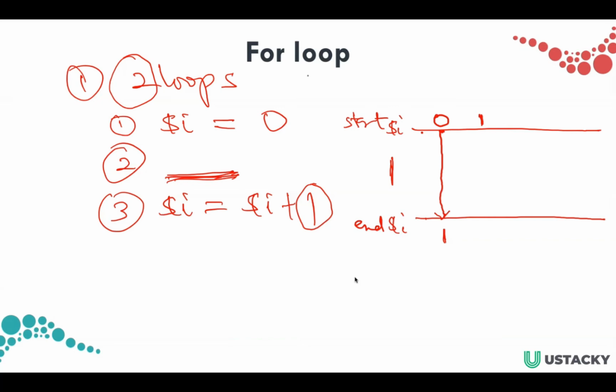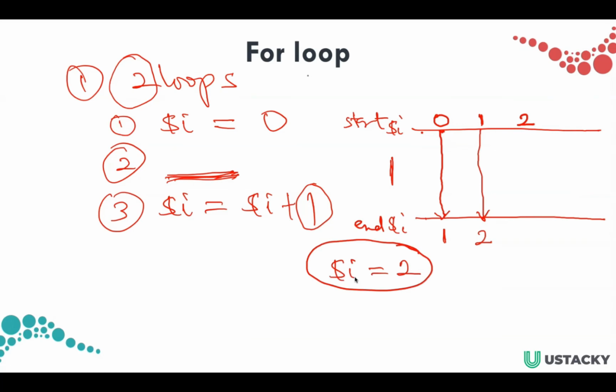So remember, we need 2 loops. So we can also have another loop. It goes down again. And at this point, our $I is 2. For the next one, $I is starting with 2. But we don't need any loop again. So it means at the end of the loops, our $I is now 2.